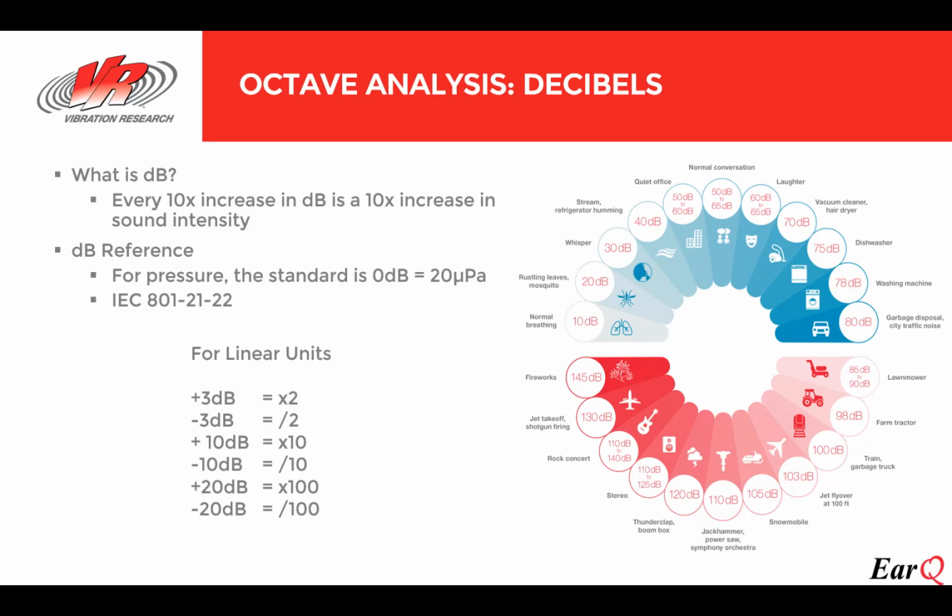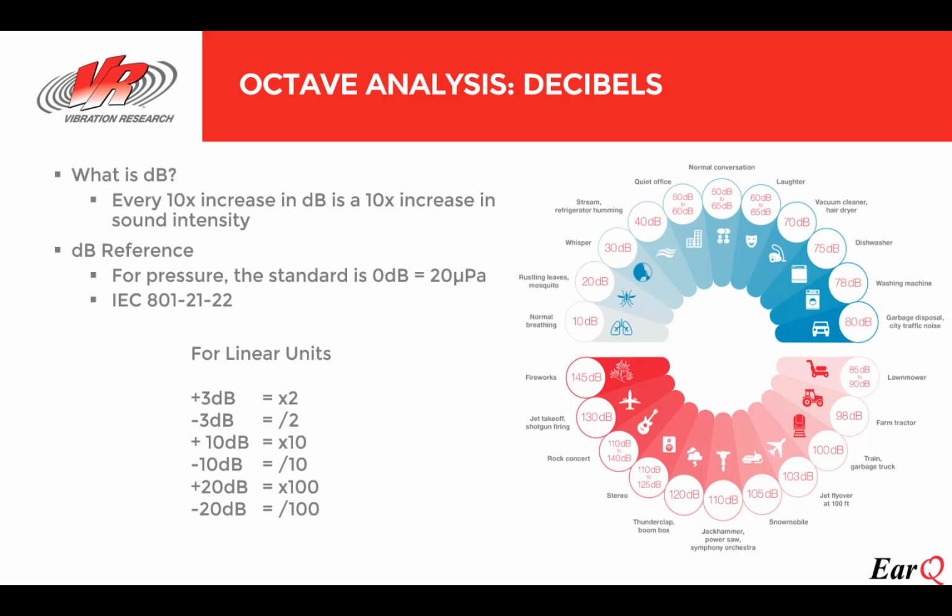So here you can see at the bottom, it's a linear dB. So 3 dB is a 2x multiplier. If I have sound that is 3 dB louder, it's going to be 2 times louder. If it's 10 dB louder, it's going to be 10 times louder. And 20 dB, it's going to be 100 times.